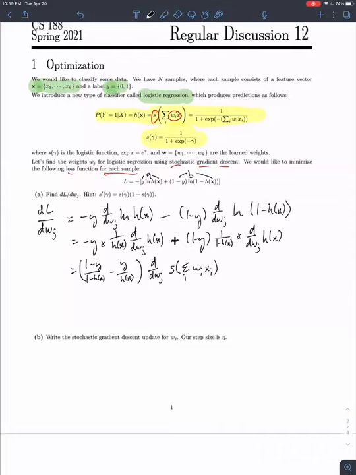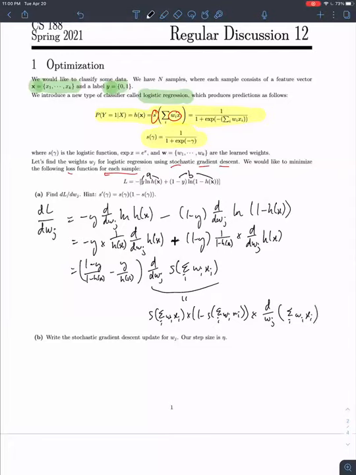And one thing we can do is, now we can use the chain rule again, right? So this whole thing here is equal to the derivative of s with respect to its input, right? So that's s of sum over i wi xi times 1 minus s of sum over i wi xi times the derivative with respect to wj of sum over i wi xi, right?